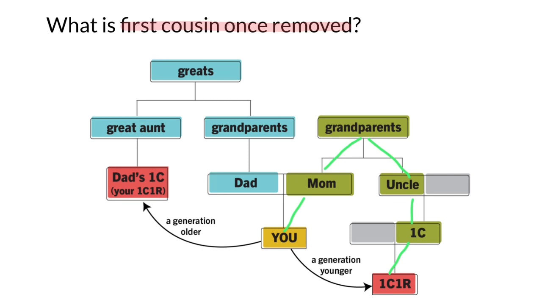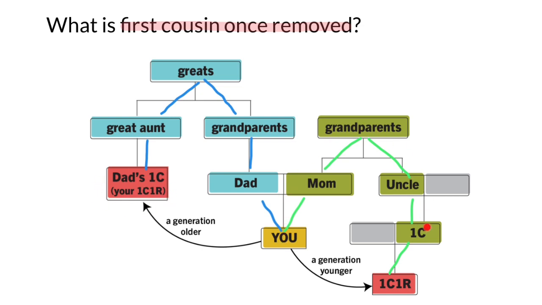And just like in the previous example, you have common ancestors. For you, it's going to be great-grandparents, but for that first cousin or your first cousin once removed, this is going to be grandparents. So as you see again, 2 steps here, 3 steps here. So you can call this person your first cousin once removed.